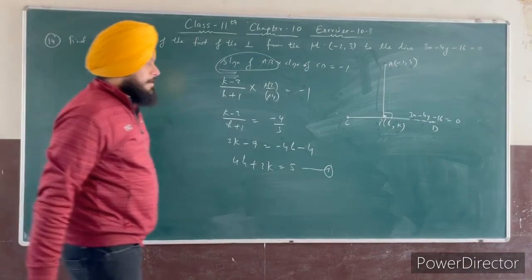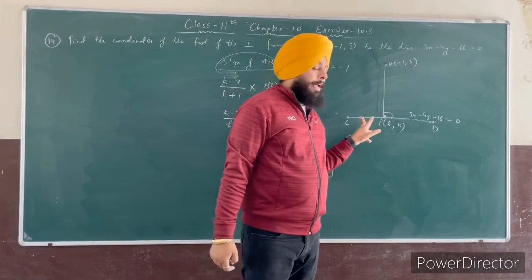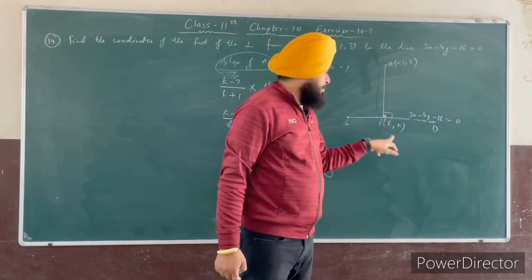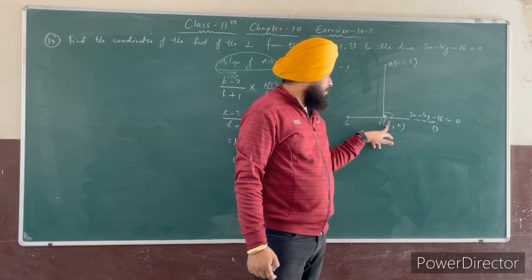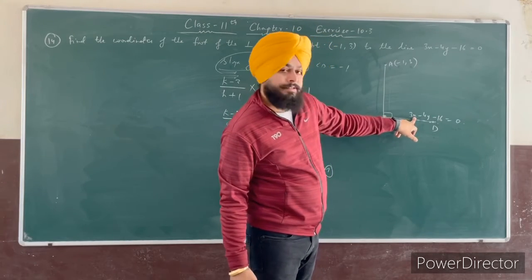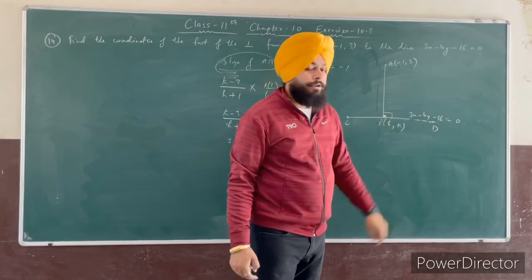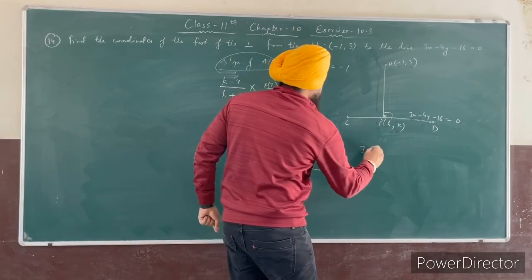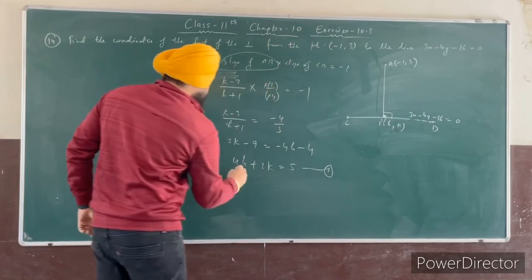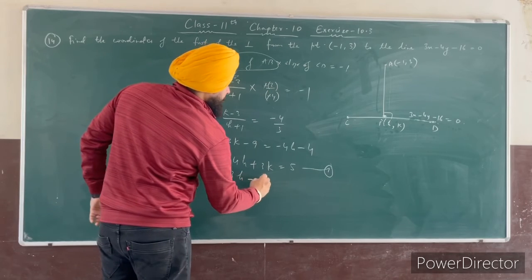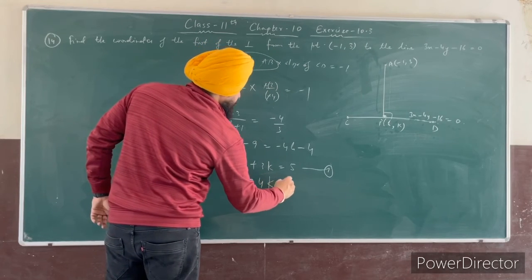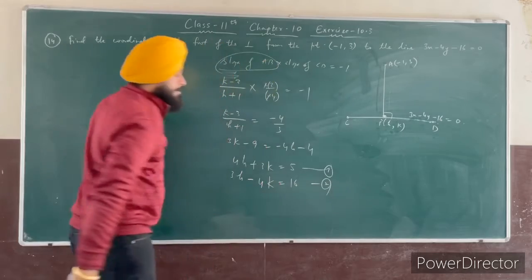Now this point (h, k) also lies on line CD. So we have to put this (h, k) in this equation, taking h as the value of x and k as the value of y. So it is 3h minus 4k is equal to 16. Equation number 2.